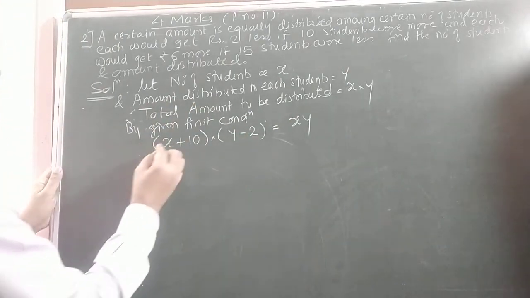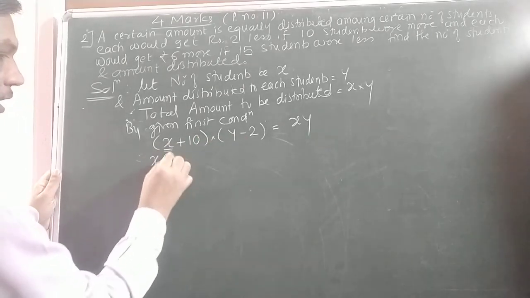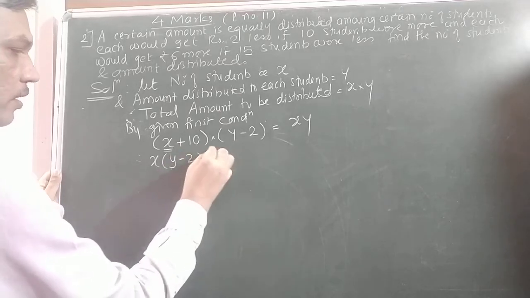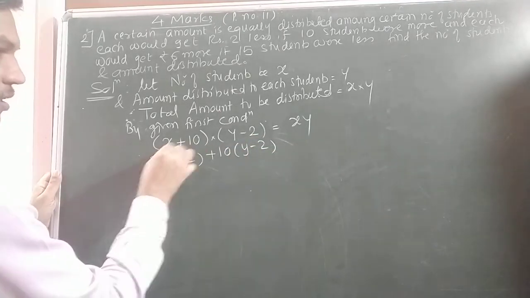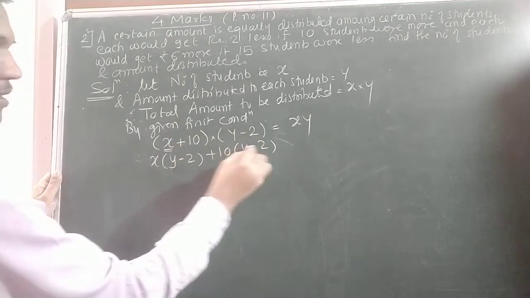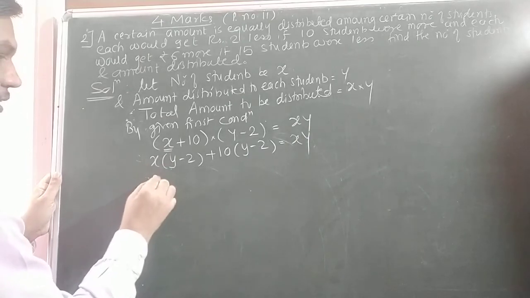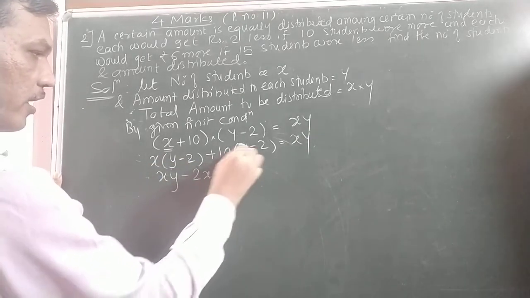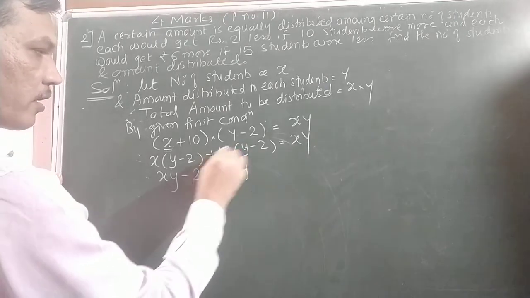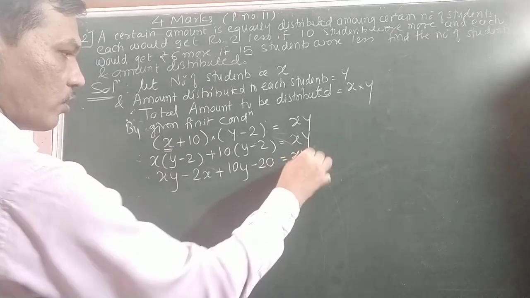Now I have to solve this. How can we solve this? First number with the bracket: (x + 10)(y - 2) = xy. First number with the bracket, second number with the bracket. So xy, x into minus 2 is minus 2x, 10 into y is 10y, 10 into minus 2 is minus 20, equal to xy.